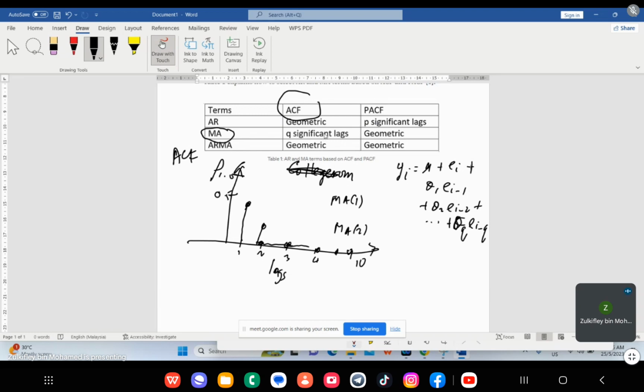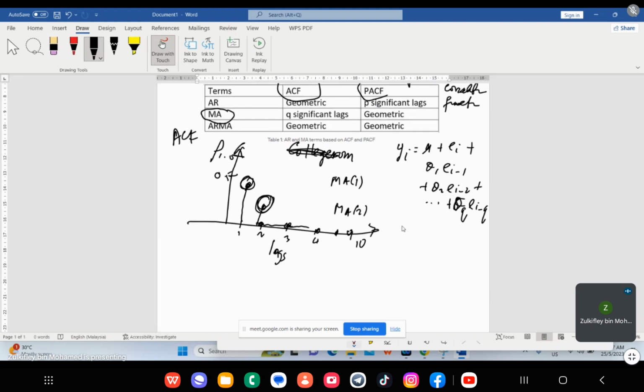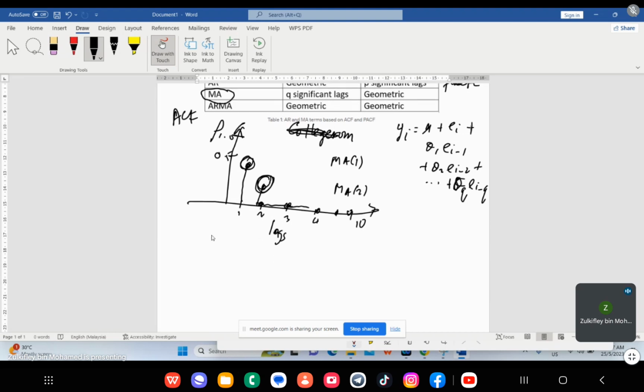Kalau awak plot, satu lagi plot PACF. Benda ni kena significant. Kemudian awak plot, satu lagi saya tak ajar lagi, dia kata PACF, partial autocorrelation function. Kalau you plot partial autocorrelation function, you find that dia panggil geometrically decreasing.